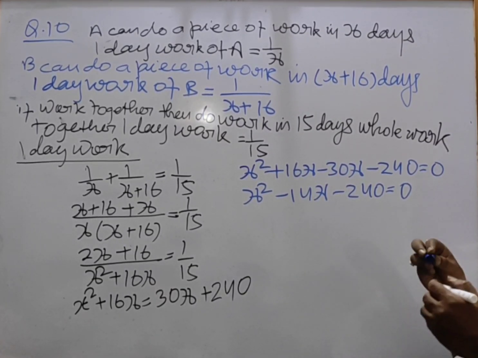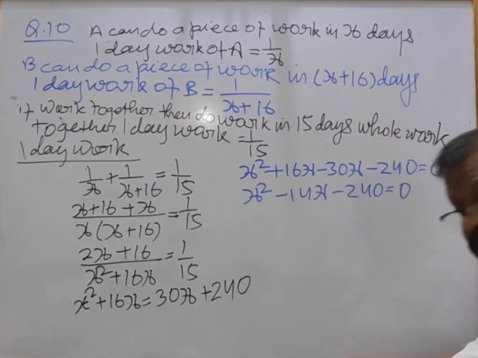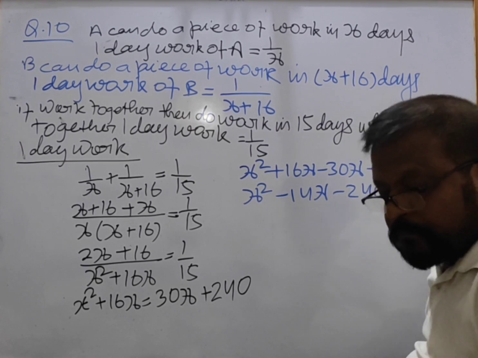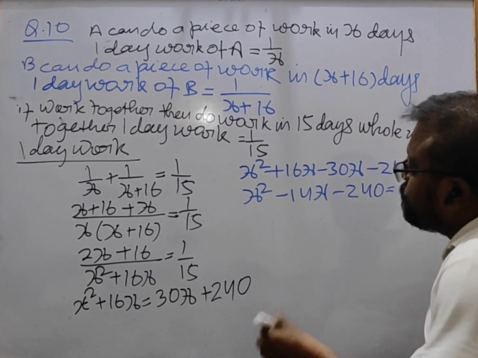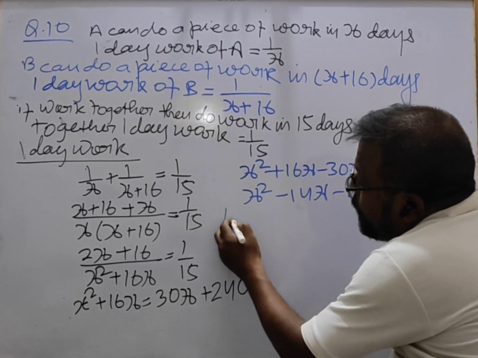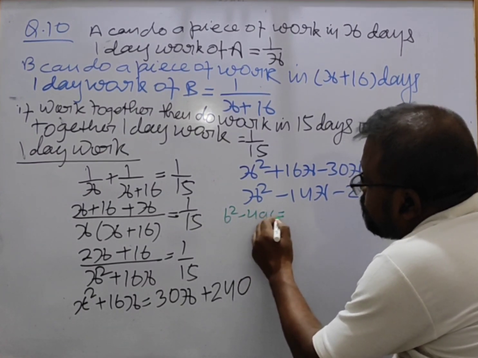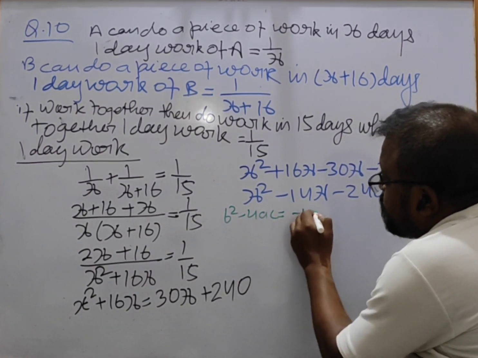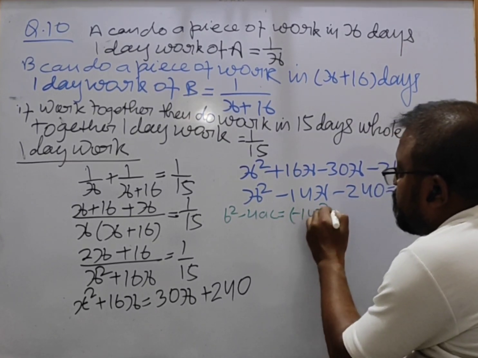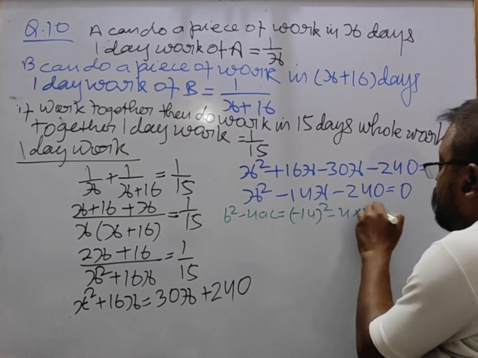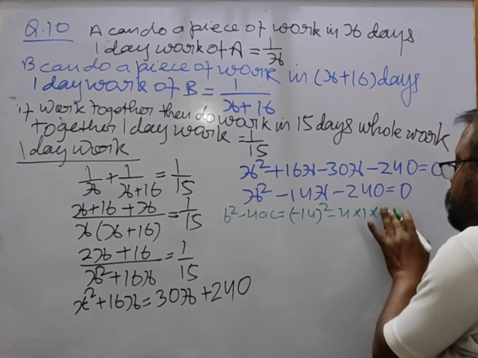We go with b square minus 4ac, which is minus 14 whole square minus 4 into 1 into minus 240.